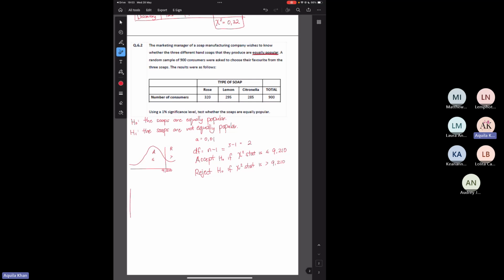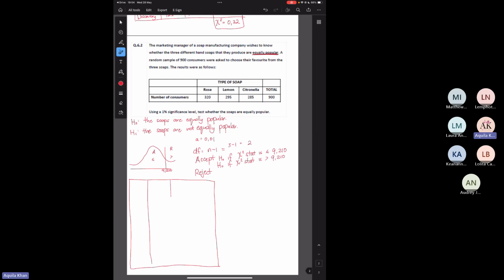Now, step 3, which is to calculate your test statistic. This is actually so much simpler than the other one that we did just now. The two-way tables are generally the longer ones. The others are quite straightforward, not as much work needed for it, and also not as many steps needed.